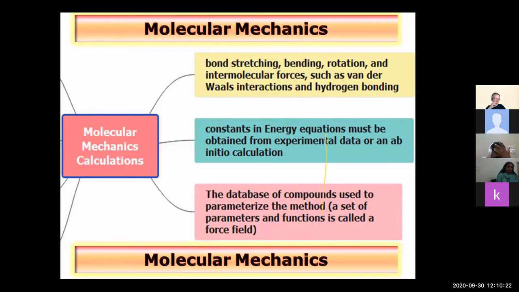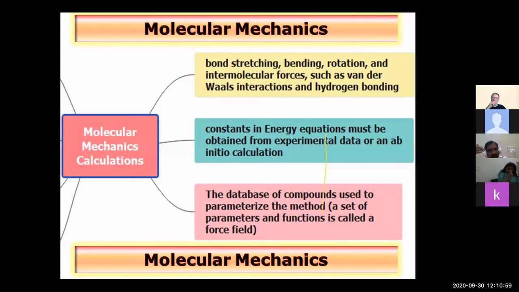All of the constants in these equations must be obtained from experimental data, or if not available, we can look for ab initio calculation data on similar structures. In a molecular mechanics method, the database of compounds used to parameterize the method, a set of parameters and functions, is called a force field. So the force field is very crucial to the success of molecular mechanics calculations.